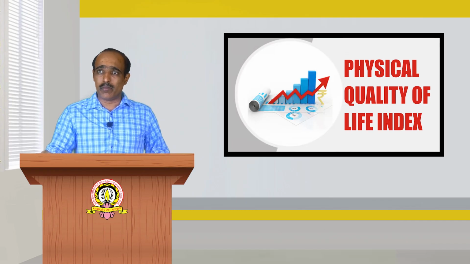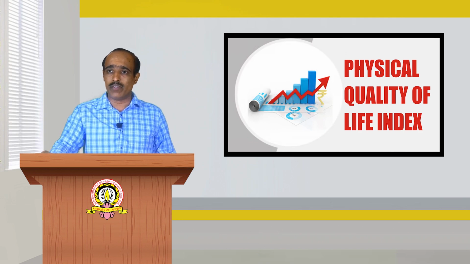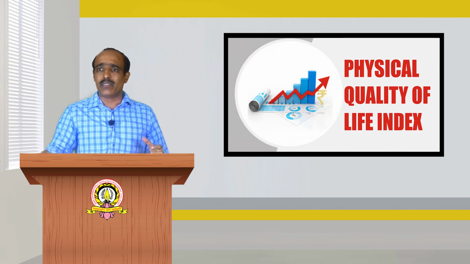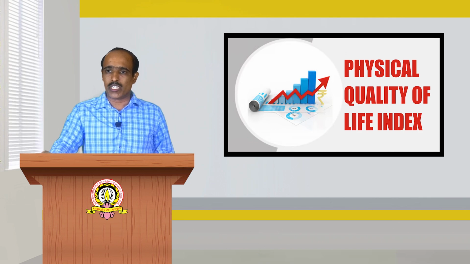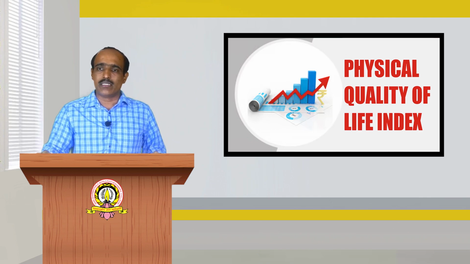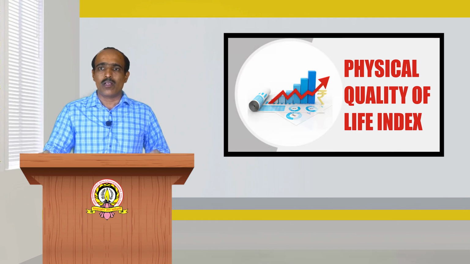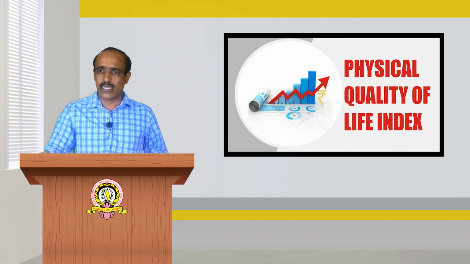The actual, maximum and minimum values are always collected by taking into consideration a particular country's life expectancy value, infant mortality rate value, and the education value. So, let us calculate the PQLI for India by taking into consideration the values of life expectancy, infant mortality, and education of India for a particular year.